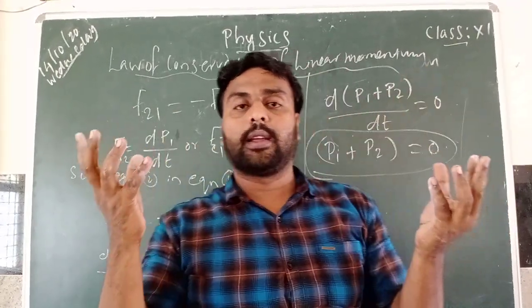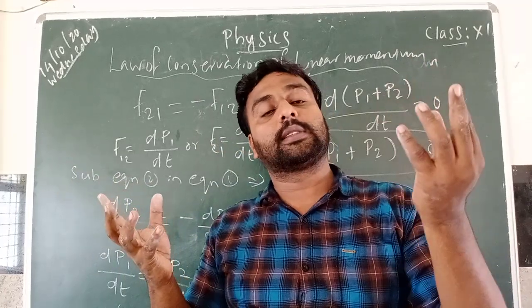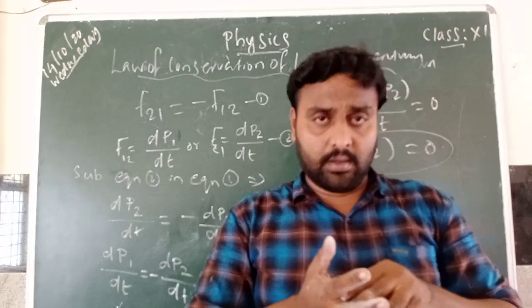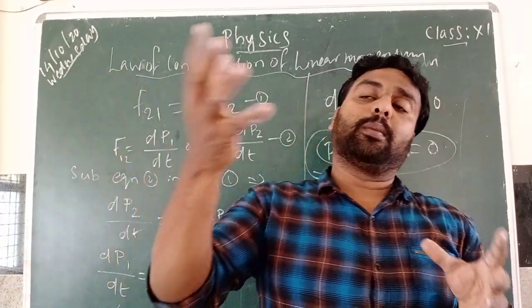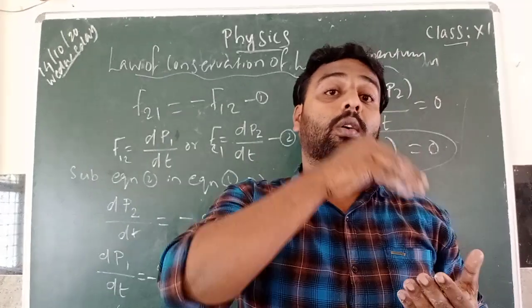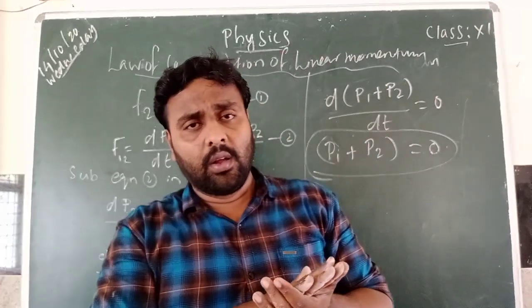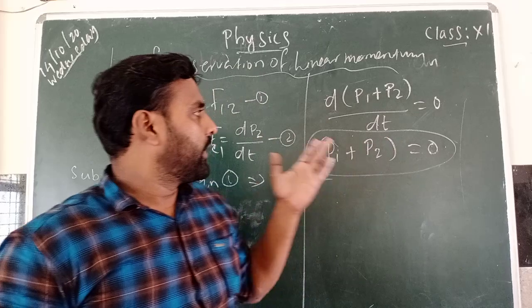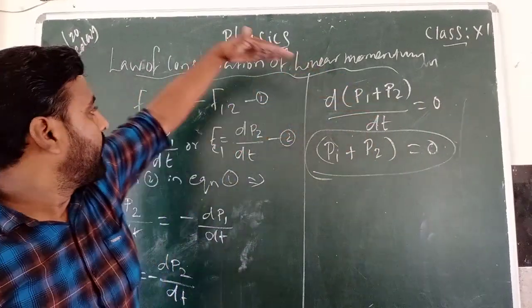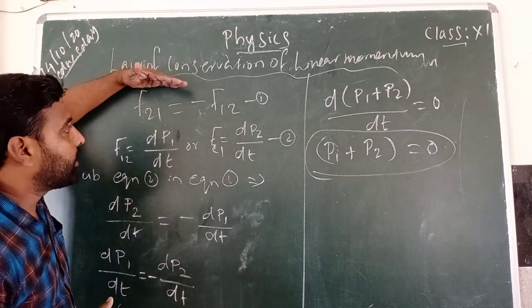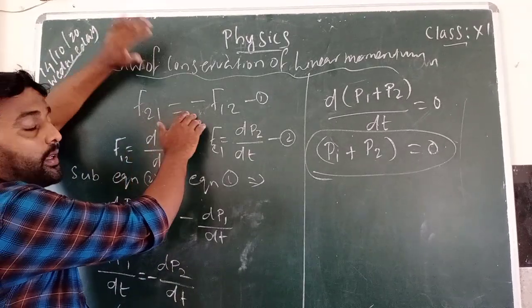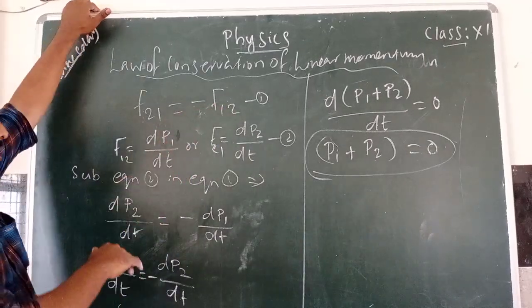Particle 1 exerts a force on particle 2, and at the same time particle 2 also exerts a force on particle 1. Based on that, we are using the formula from Newton's law: F21 is equal to minus F12.